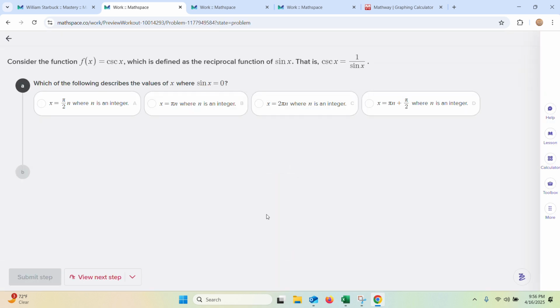All right, let's practice this problem. Okay, so I had trouble with these because of the wording. Consider the function cosecant x, which is defined as the reciprocal of sine x. So cosecant is the reciprocal of sine. So cosecant is the same thing as 1 over sine.